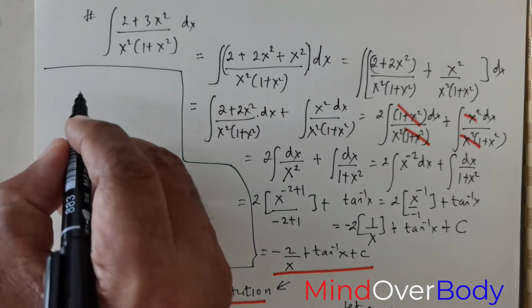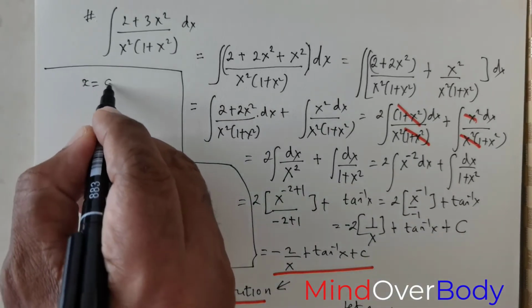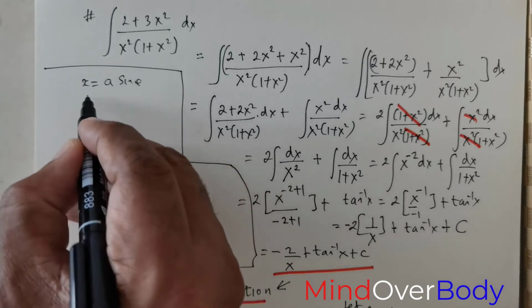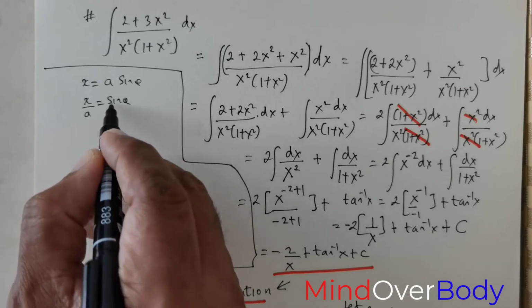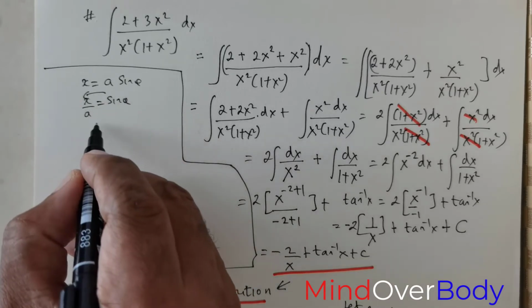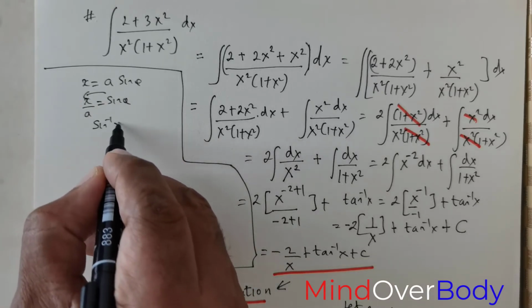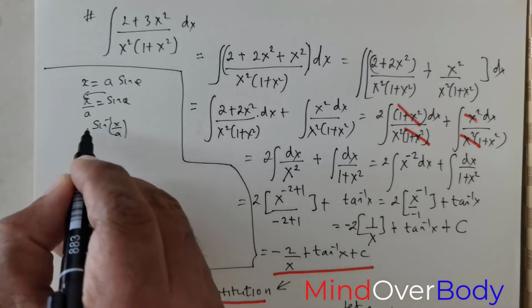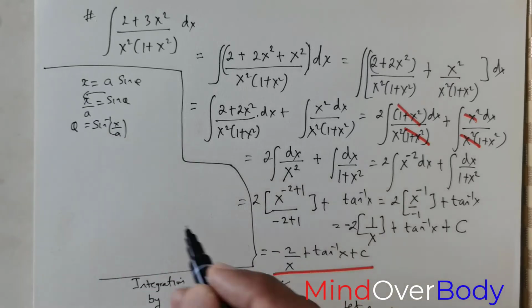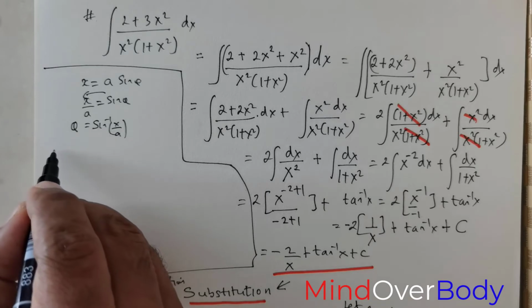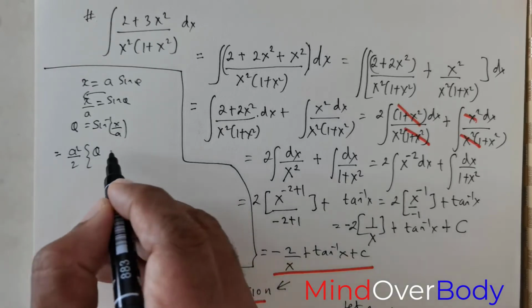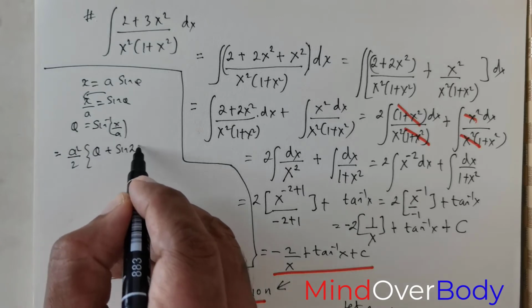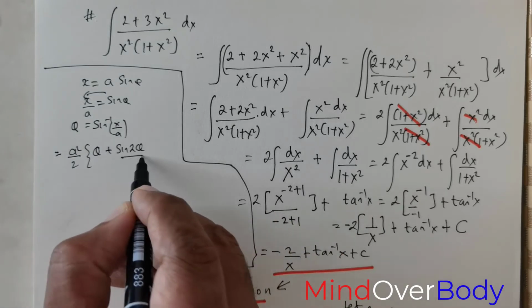Now we have taken x to be equal to a times sin theta. So push this a down: x over a is equal to sin theta. We need theta, so push this sine to the other side. So sin inverse of x over a is equal to theta. But what did we get? Our solution is a squared over 2 times theta plus sin 2 theta over 2.